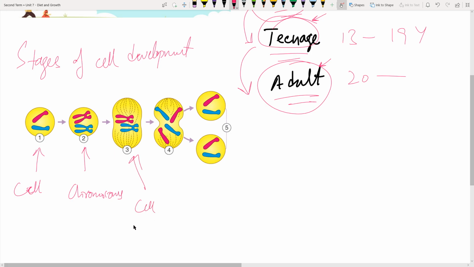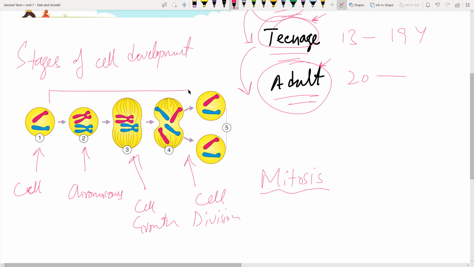This is cell growth, when the cell is growing, and this intermittent state is called cell division. Now, this process is called mitosis, in which the cells divide and grow to form new cells, right?